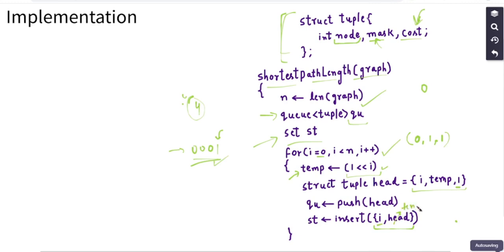This is a little mistake, we have temp here. Okay, and for let's say node number 1, the tuple would be 1, 0, 0, 1, 0 and 1. This would be the tuple for node number 1. So in this fashion I push all the tuples for all the nodes, and then I start my BFS.